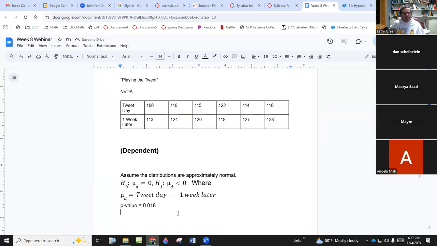Okay. What does that tell you? Let me ask you this. What did that tell me to do? When I saw that p-value, which I did, this is real world. What did that tell me? What did I do after seeing that p-value?